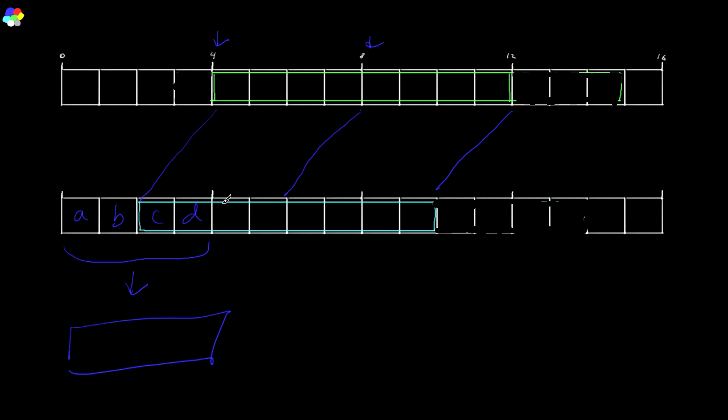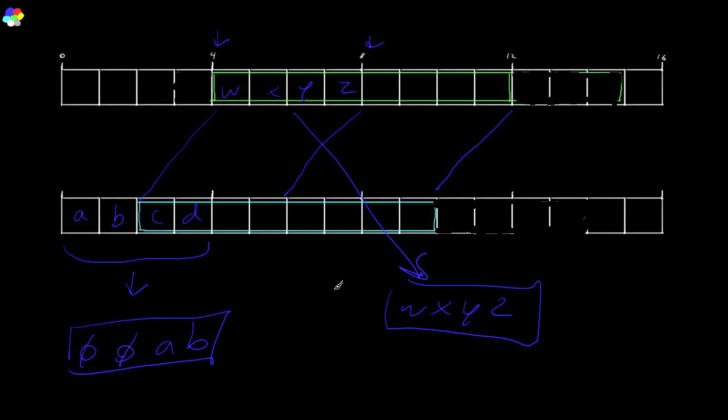This is alignment value 2. So we're going to shift right by 2. We'll get 0, 0, AB. And this is W, X, Y, Z. So now what we do is we load W, X, Y, Z.